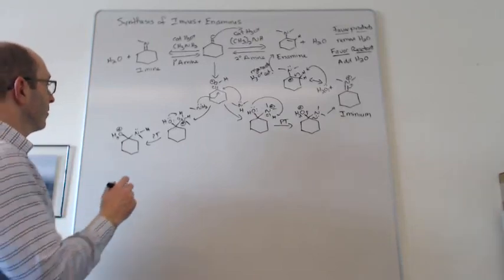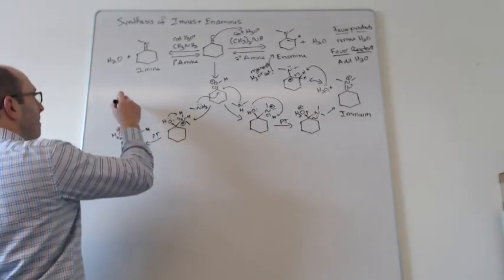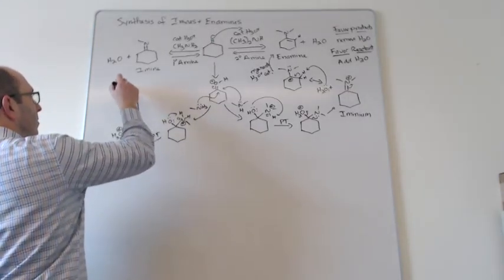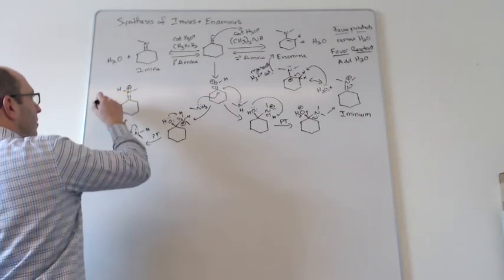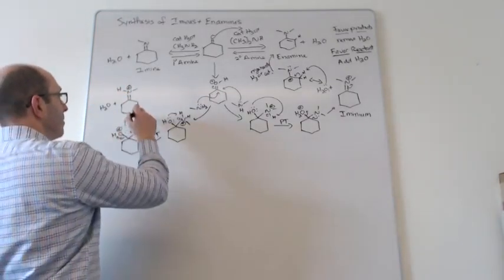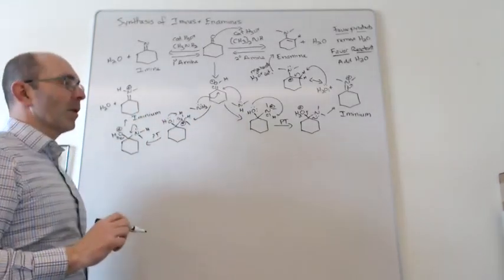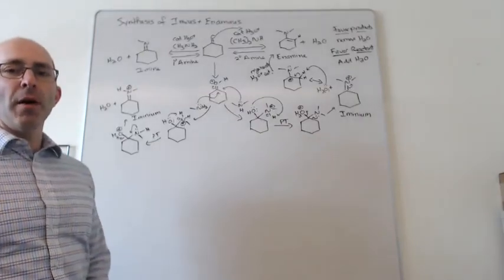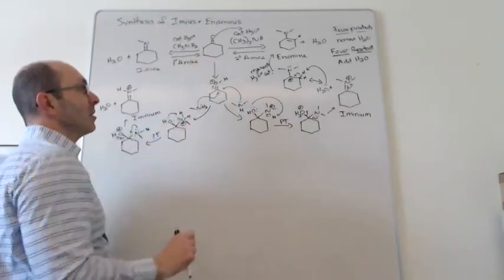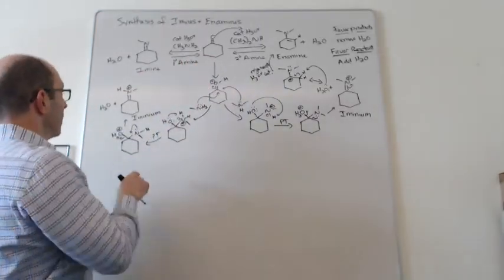And now we can remove water. That gives us our iminium ion intermediate. And remember, we have to go through that iminium ion intermediate because it's addition and elimination of water for both of these. Forming the iminium is when we eliminate water.